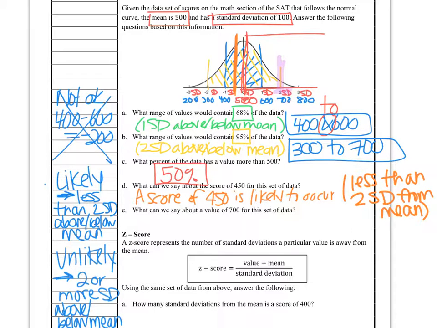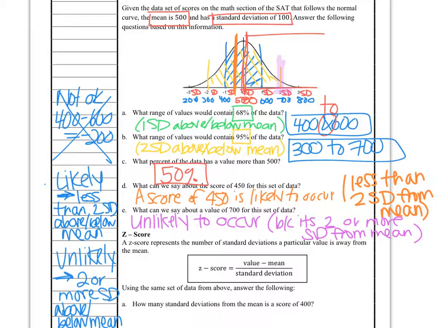So this value would be unlikely to occur. And again, this is because it's 2 or more standard deviations from the mean. Now this one happens to be exactly 2, but remember the option is 2 or more means that it's unlikely.